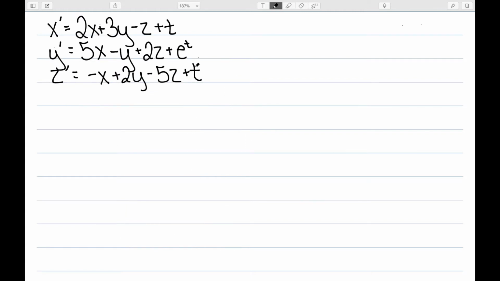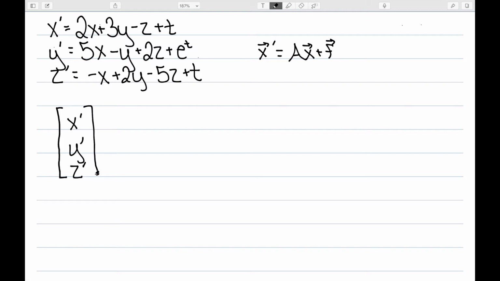Let's look at another one. So this time I have 3 vectors, and I still want to build this in normal form, x prime equal to Ax plus f. So I need to figure out what all of these vectors are. Well, x prime is going to be our derivatives, and this time we have 3. We have x prime, y prime, z prime. So this is our vector x prime.